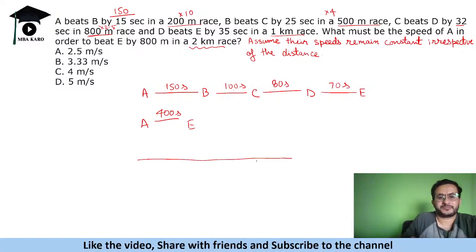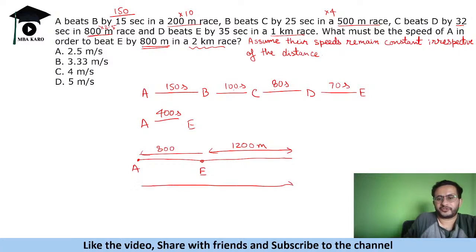Now, what does this mean is, and also given that what must be the speed of A in order to beat E by 800 meters. So what it means is, when A finishes the race, E is 800 meters behind. So E has covered 1200 meters. And A has covered a total of 2 kilometers.